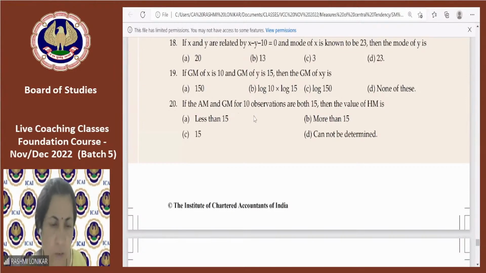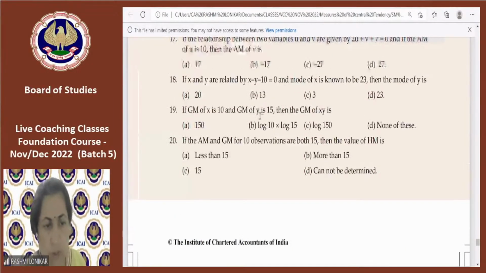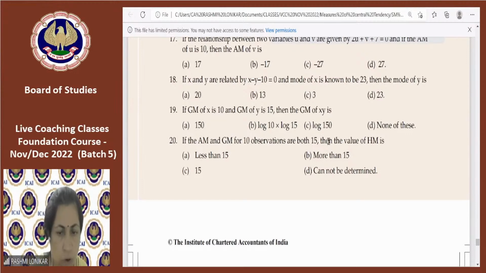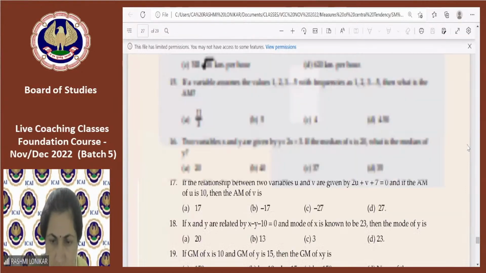If AM and GM for 10 observations are both 15. Okay, this is on page 14.27 and for 10 observations, N is 10, AM and GM are both 15. What is the value of HM? Now, what is the relation between HM, AM and GM?